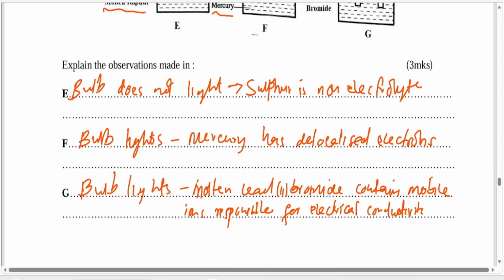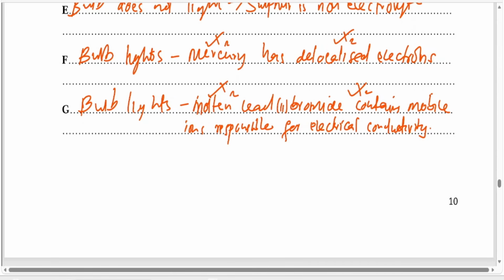Giving or stating the observation gets a mark in each, and explaining gets a mark in each. And this gives you a total of 3 marks.